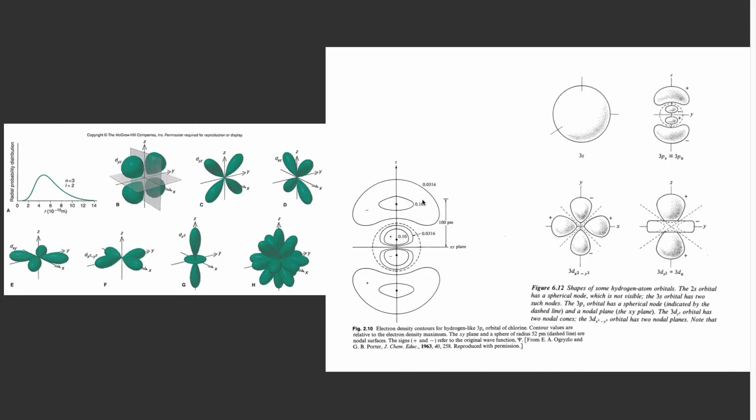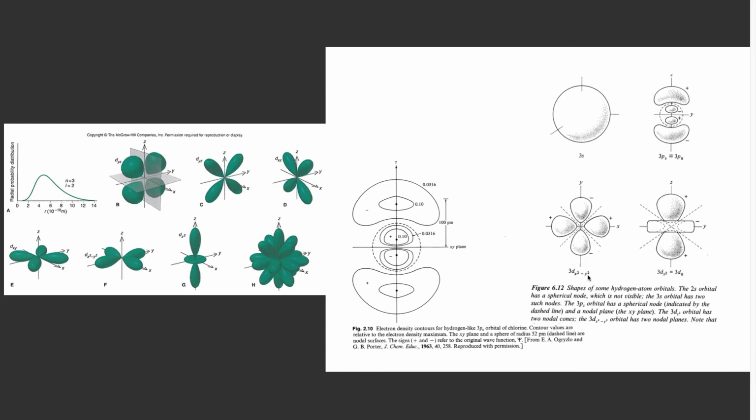If we define it at 90%, then just what's inside this 0.1 shows up. If we want to be 97%, right, then we need to have everything within the volume of the 0.0316. Right? So that changes not the overall shape, but the size of the lobes. And then we have this radial node again, right?